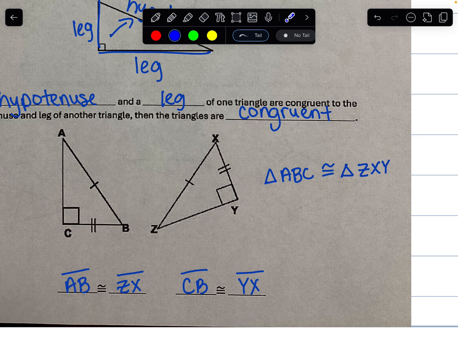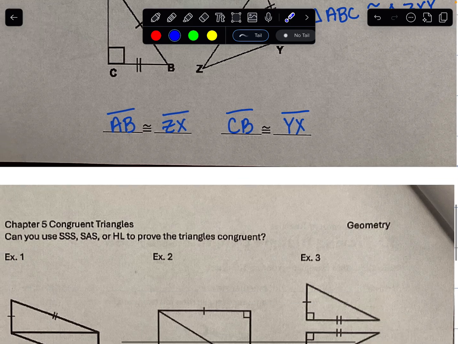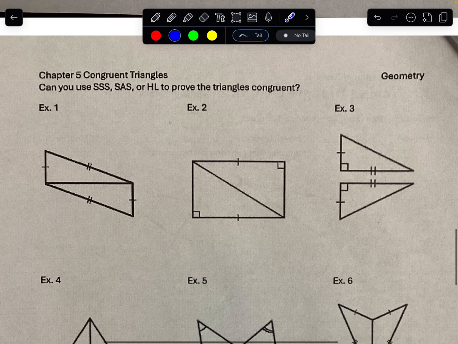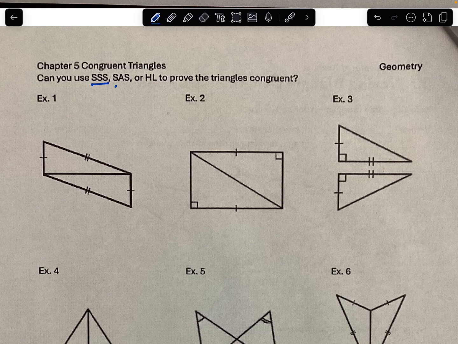All right, back page. We're just going to look through a few examples. Okay, now, before we start this, here's what I want you to do. It asks you, can you use side, side, side, side, angle, side, which we talked about last week, or hypotenuse leg to prove that triangles are congruent?